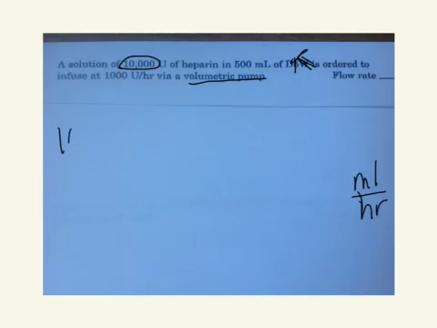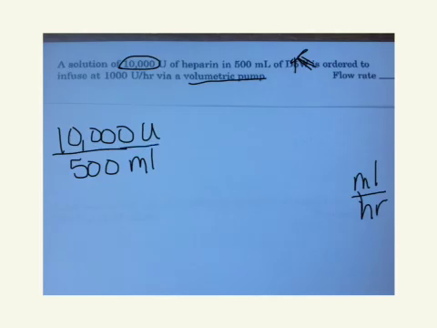So we're going to put the 10,000 over 500, and then it's going to infuse, and this is units. I should always put those, and this is milliliters, and then it's going to infuse at 1,000 units per hour.